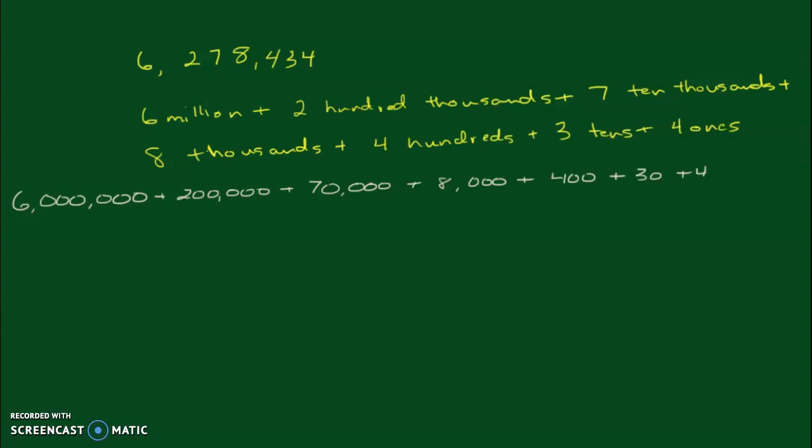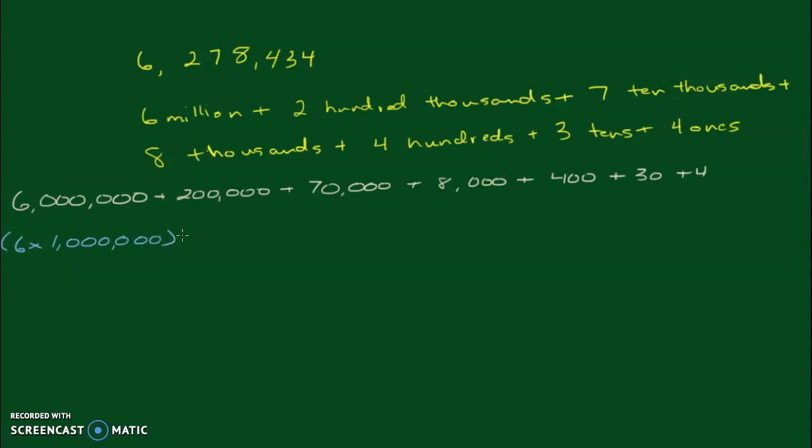In addition to the digits, we also can do it with multiplication. And it's kind of actually similar to this one, but it'll be 6 times 1 million, because the 6 is in the millions place.